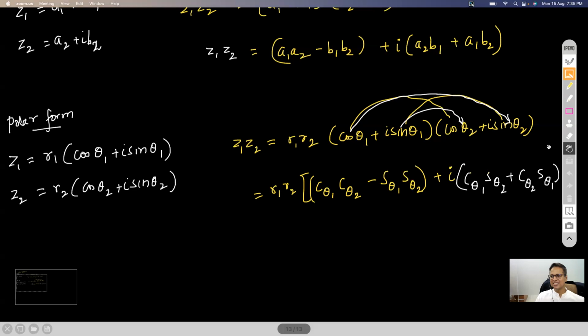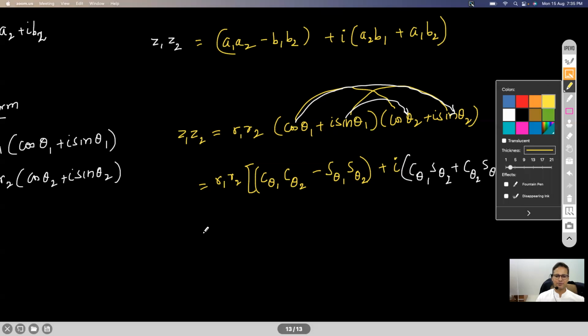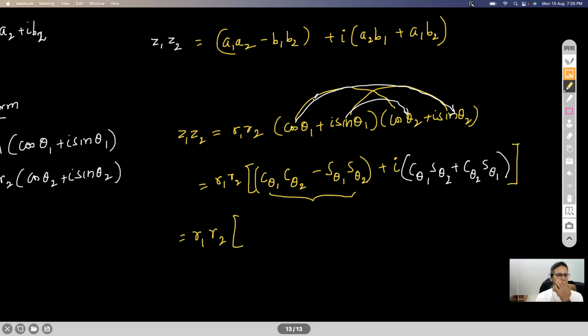Now all of you have done trigonometry with me. You cannot deny it. Tell me now, my dear, what is this? Cos theta 1 cos theta 2 minus sin theta 1 sin theta 2. Right, that is cos of theta 1 plus theta 2. Correct? Similarly, what is this?